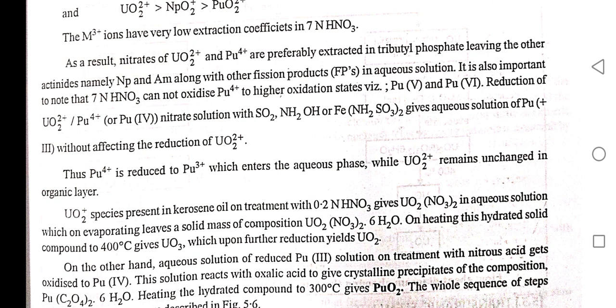It is also important to note that 7M HNO3 cannot oxidize Pu4 positive to higher oxidation states, Pu5 and Pu6. Reduction of UO2 positive plus Pu4 positive in nitrate solution with SO2, NH4OH or Fe(NH2SO3)2 gives aqueous solution of Pu3 positive without affecting UO2 positive.